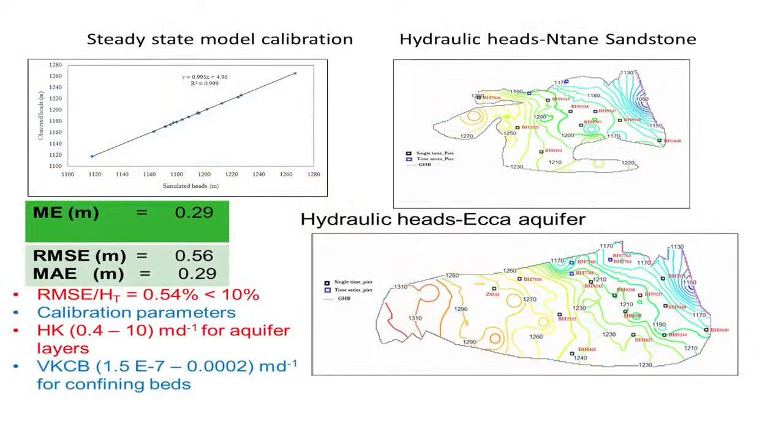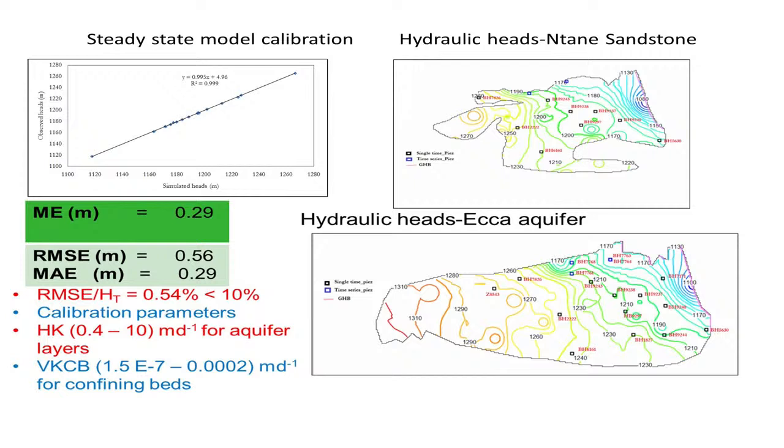Now, after we conceptualized, what next? We came up with a simple steady state model to test in which aquifer, or in which lithology, in the area is contributing the most water. As you can see on the top right, those are the hydraulic heads of the Ntane sandstone, which was one of the main aquifers in the area.